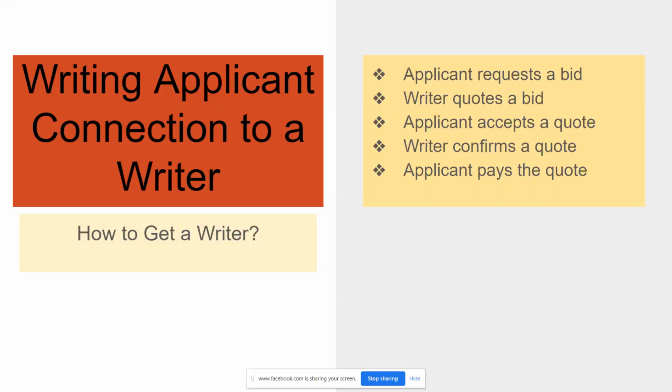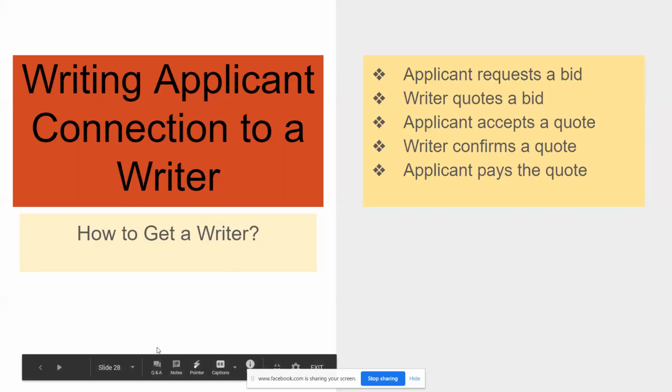He will fill in some form with his information and the kind of writing he needs. When he completes that, everything will be posted to the related writers. These are the procedures the writing applicant will follow.